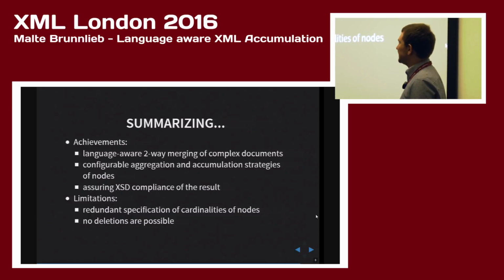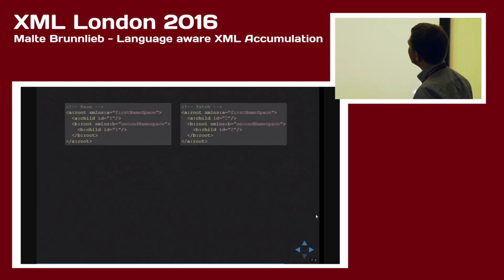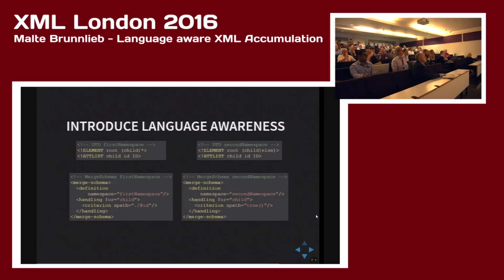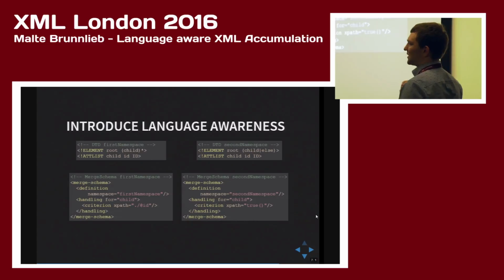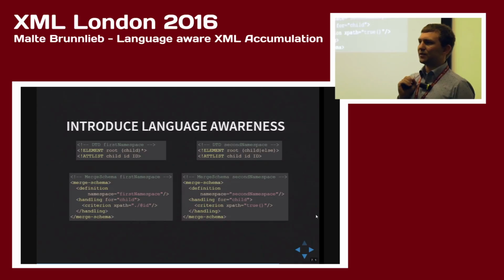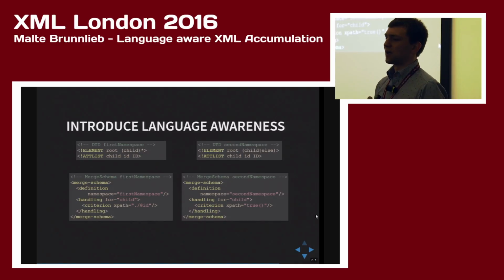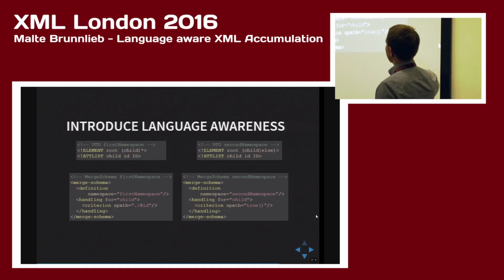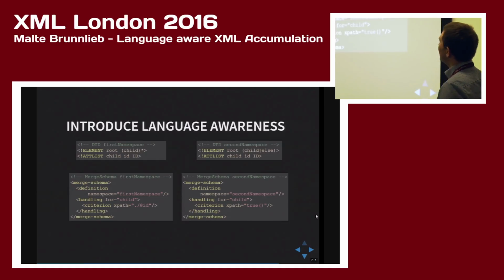However, as we have seen in the documents before, there is some redundant information which might also be interesting to directly get from the document definition. Like, for example, here it's stated that there can only be one child. So why specify this again here? And this is some kind of overhead which is in place but might be resolved later on.